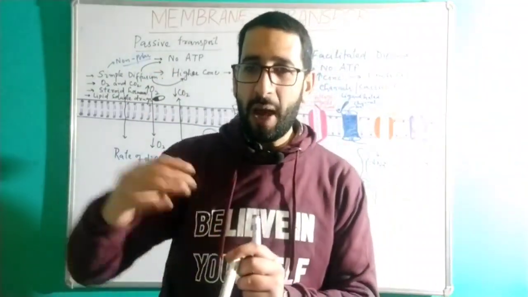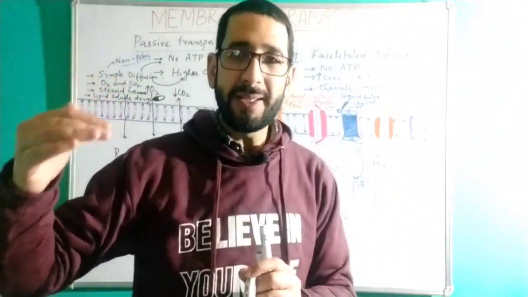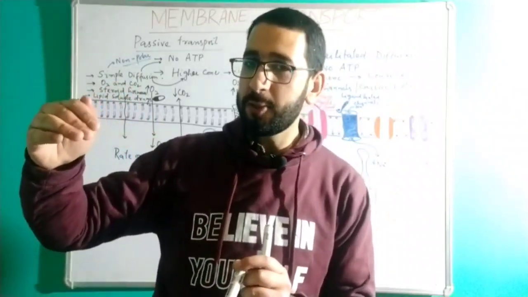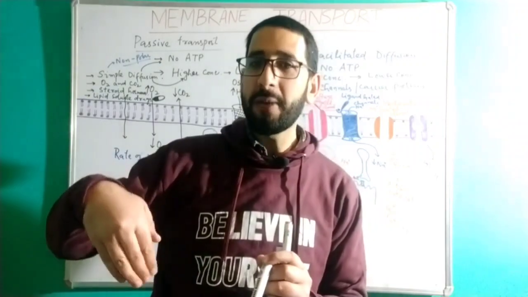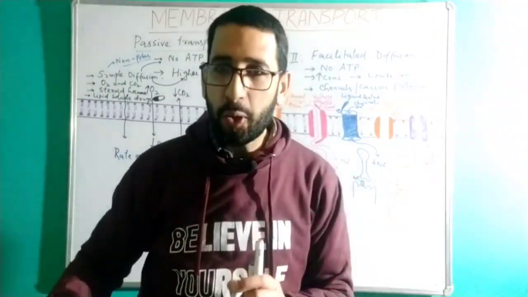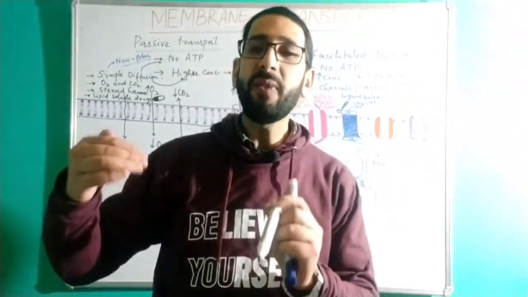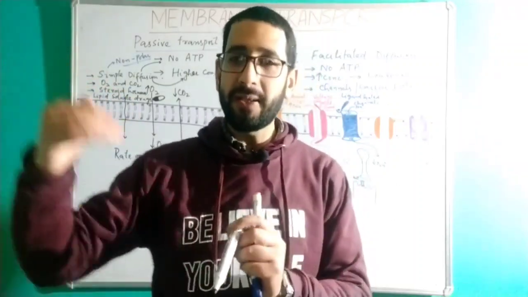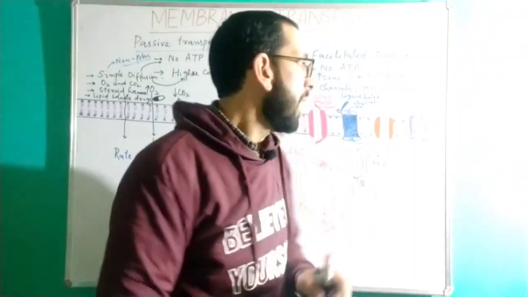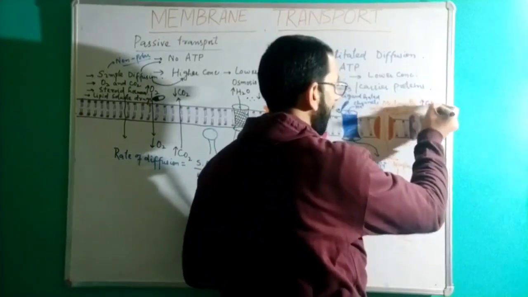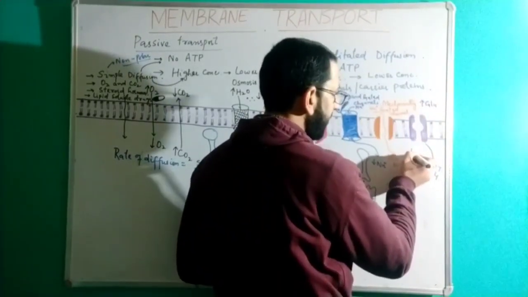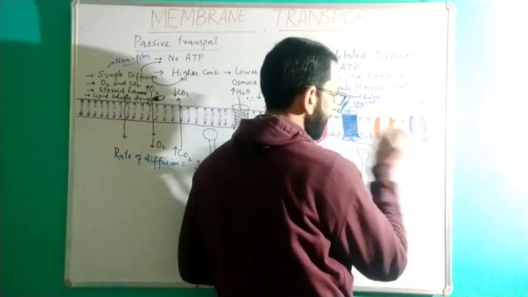So that means outside the cells, the glucose concentration is going to be more. It has to be utilized by the cells, so we have to increase glucose uptake. That means we have to take this glucose from outside the cell to inside the cell. Suppose we have increased glucose concentration outside the cell, and we definitely have low glucose concentration inside the cell.